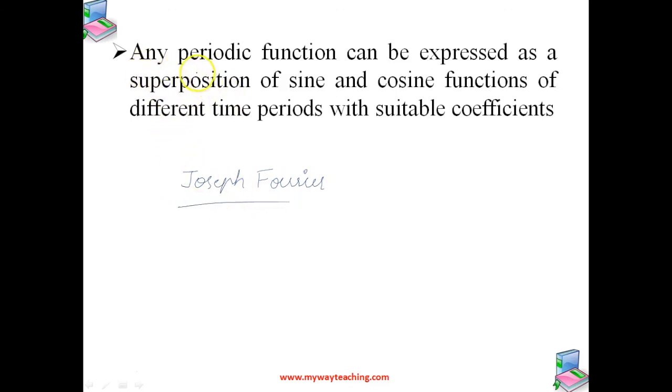That is, any periodic function can be expressed as a superposition of sine and cosine functions of different time periods with suitable coefficients. Okay, that's the theorem that was found by Joseph Fourier. We can represent any periodic function with a combination of sine and cosine functions of different time periods with suitable coefficients. Okay.